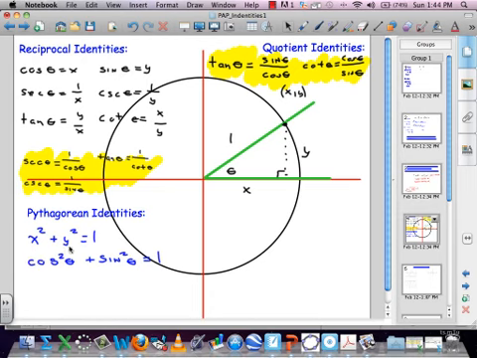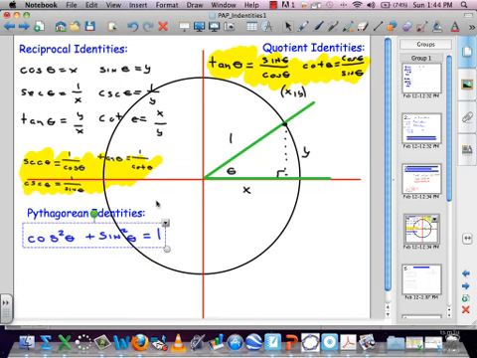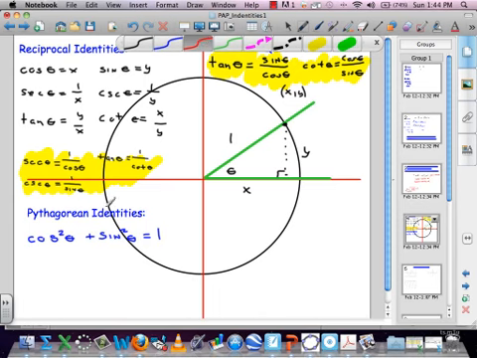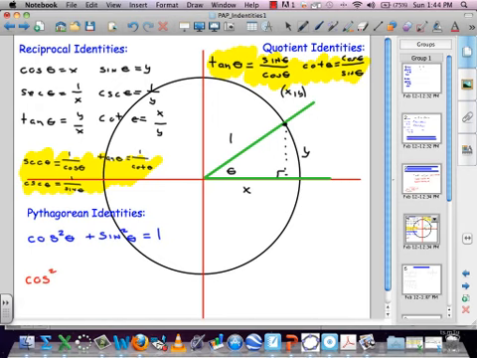So let's see here. What can we do with cosine squared theta plus sine squared theta that's legal, which will lead us to some more identities here? Well, I can do anything I want to both sides, except multiply by 0. So let's take both sides and divide them by cosine squared theta.